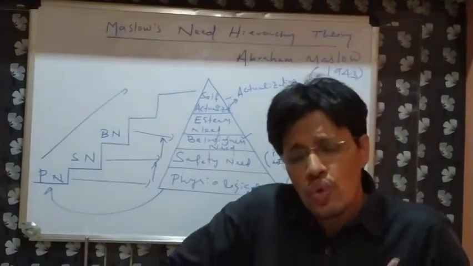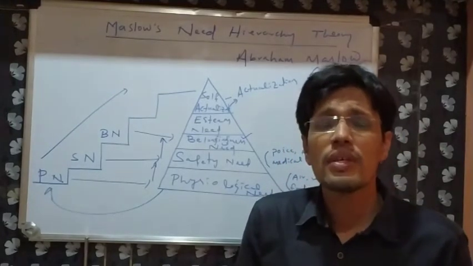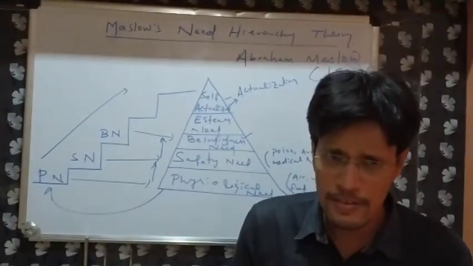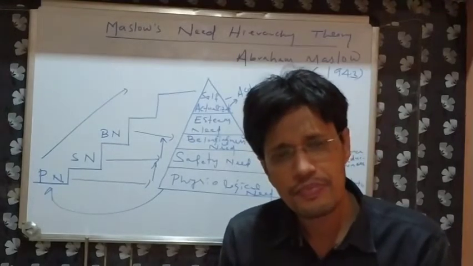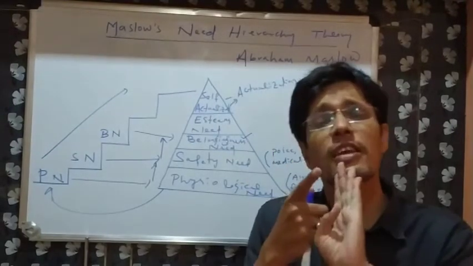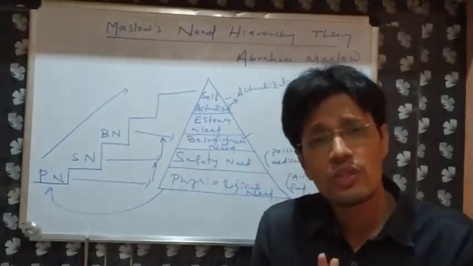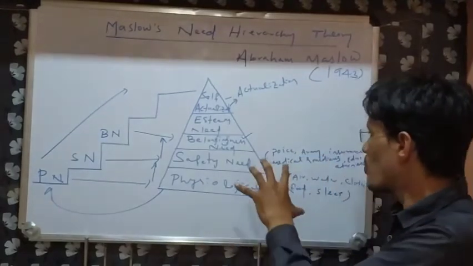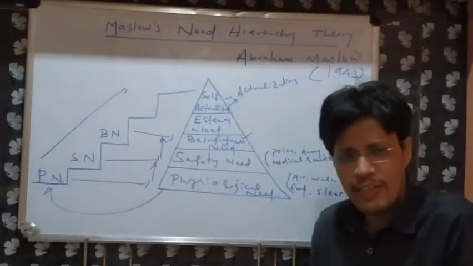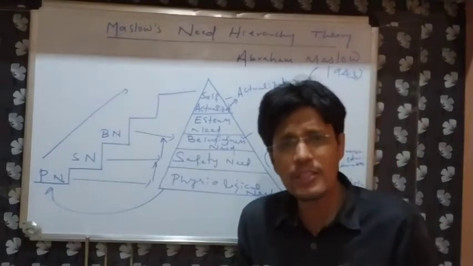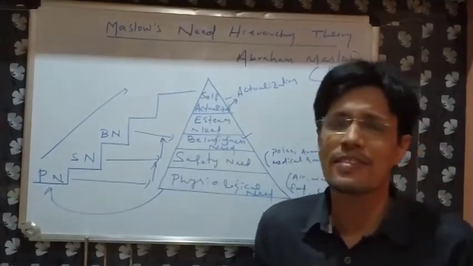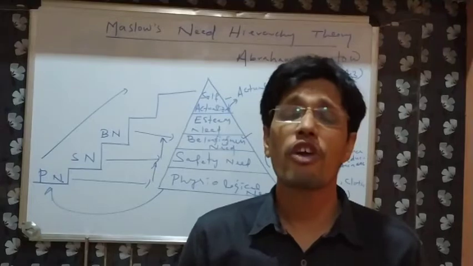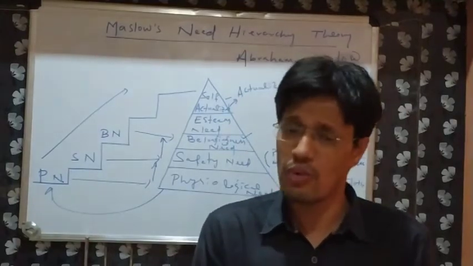So how does this social belongingness come? It comes in the form of love, affection, emotion, social belongingness, social relationship. Once one feels physically safe through the safety need, then he can think of mental safety, mental support. How does it come? Mental support comes from the social relations that one develops.